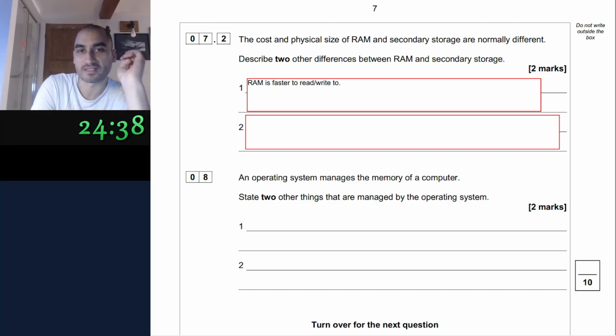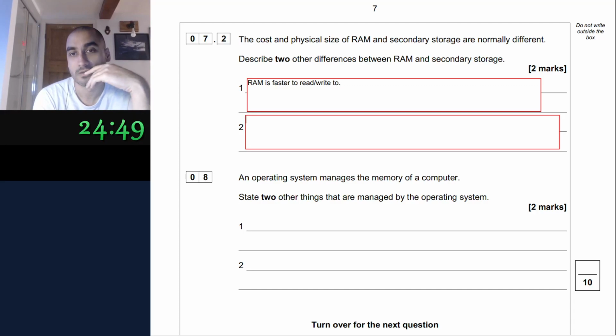Aren't these basically the two reasons? The cost and the speed of access? Well, I assume RAM is not kept when you turn the machine off, is it?